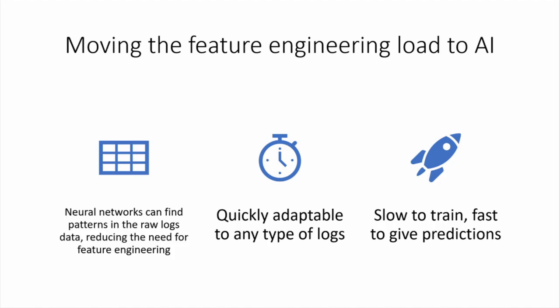So usually in many machine learning pipelines, when you want to build a classifier, you first build meaningful features, and this is something we wanted to avoid in this problem. The strong advantage is that the method here will be able to quickly adapt to any type of logs because it simply uses the raw data.